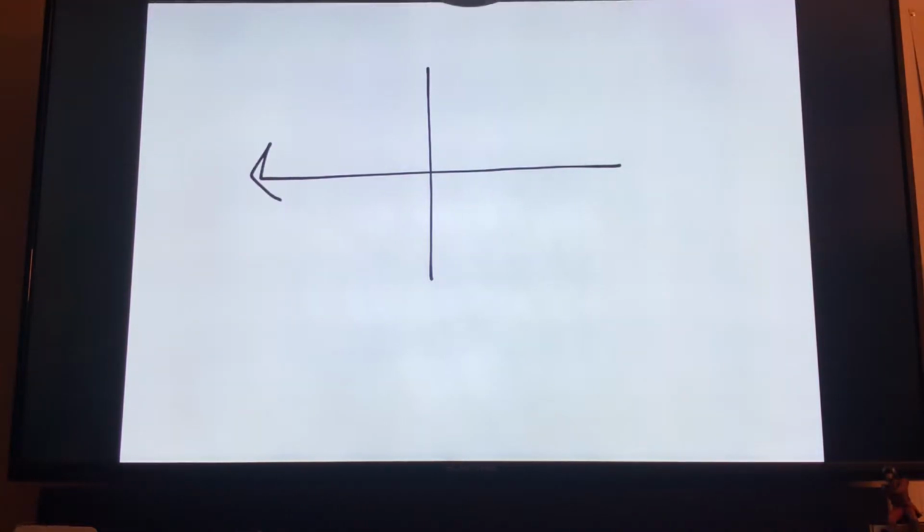When I'm talking about the x and y axis, you have seen this before, I'm sure, a graph. One thing a lot of people don't remember: y runs up, which is called vertical.